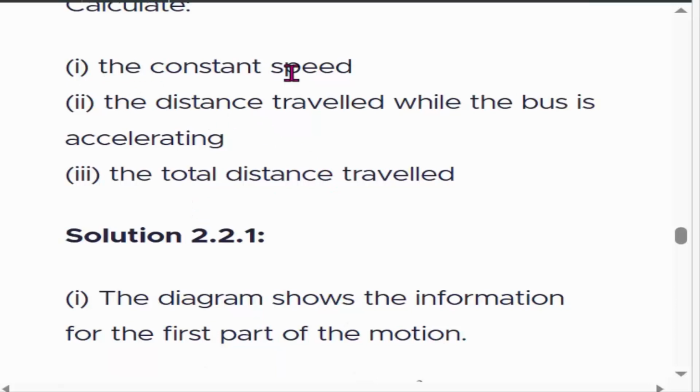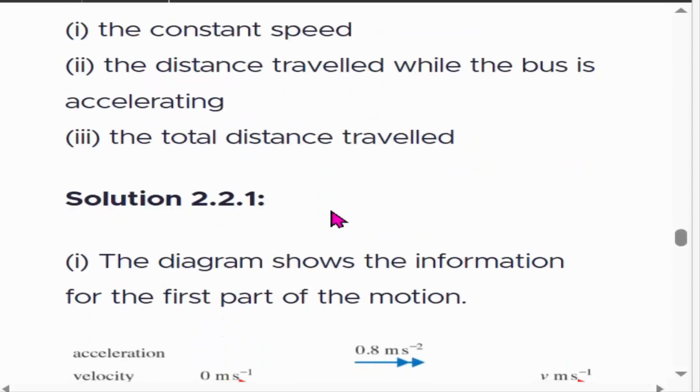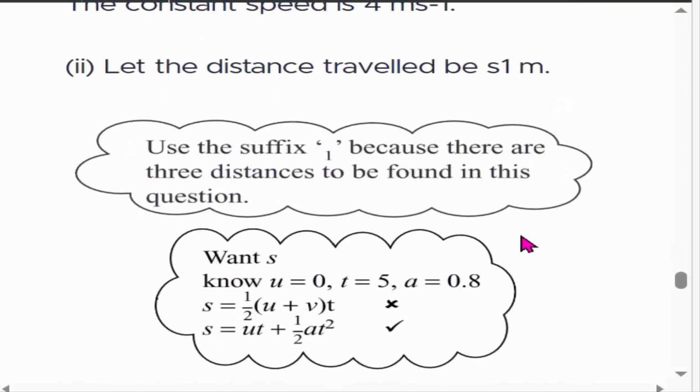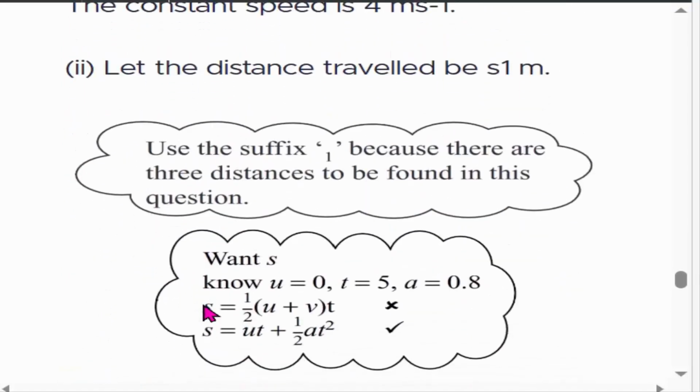So the bus accelerates and then takes constant speed for 120 seconds. That speed we found v is equal to 4 meters per second. The distance traveled while the bus is accelerating, we found it to be equal to 10 meters. Then total distance is basically we have three parts.